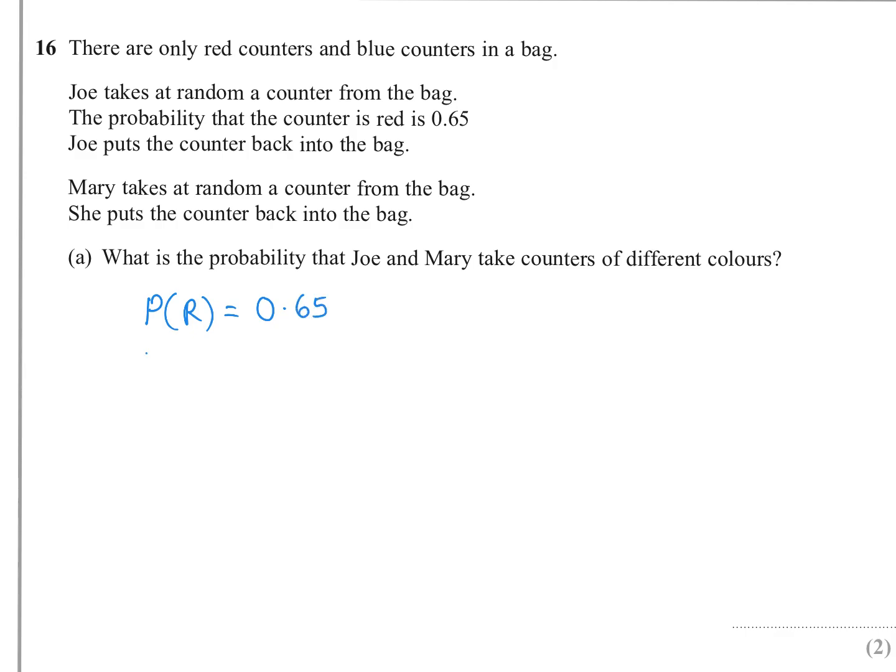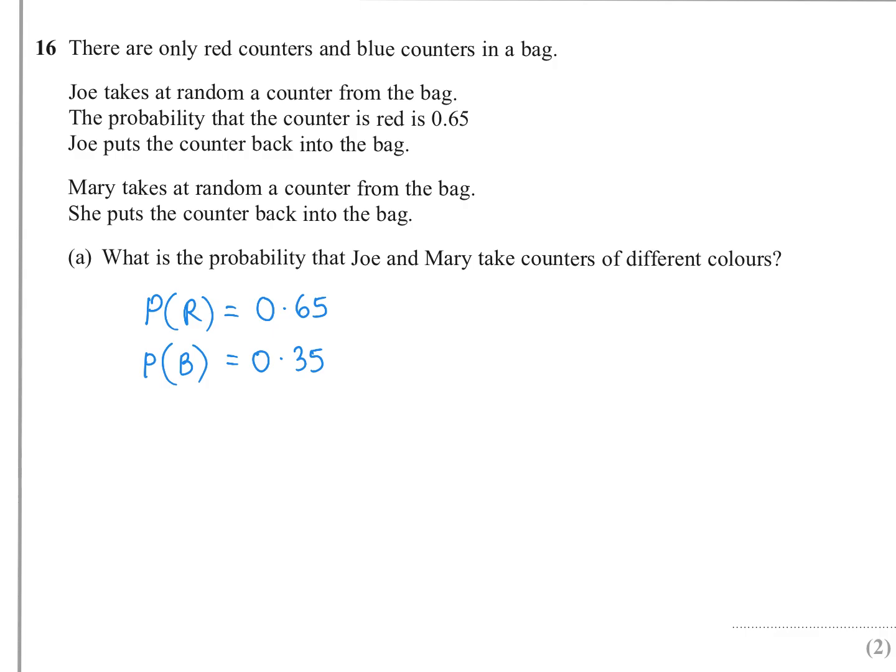So that tells us straight away that the probability that the counter is blue is going to be 0.35. Joe puts the counter back into the bag. Mary takes at random a counter from the bag. She puts the counter back into the bag. What is the probability that Joe and Mary take counters of different colours?